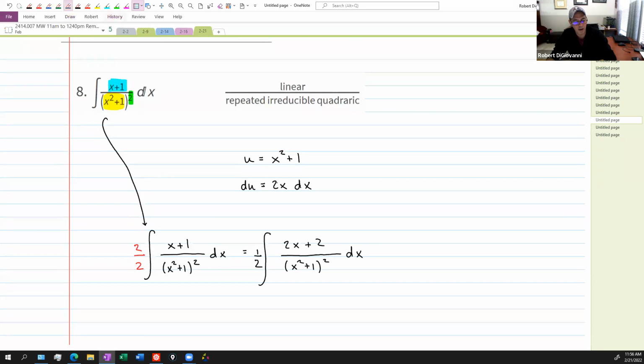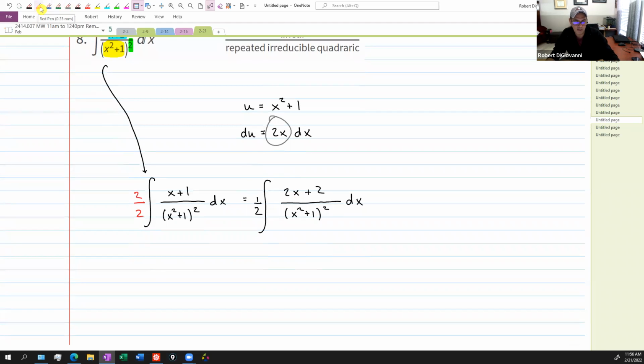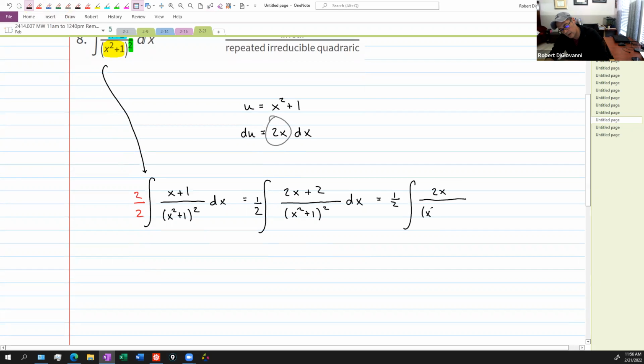Remember, I wanted 2x on top, and I have 2x plus 2. So now all I have to do is split this into 2 integrals. I can do 1/2 integral 2x over x squared plus 1 squared dx, and then the other one plus 1/2 integral 2 over x squared plus 1 squared dx.